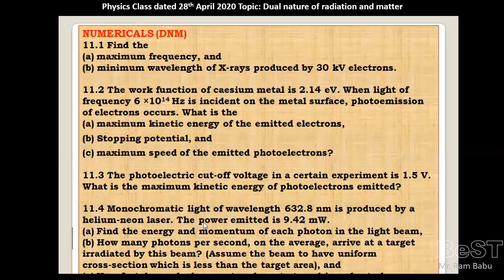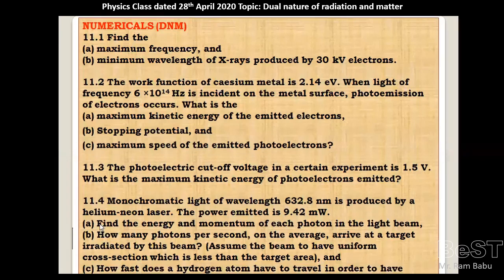The power emitted is 9.42 milliwatt. Part A: find the energy and the momentum of each photon in the light beam.